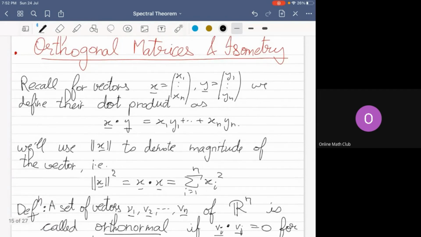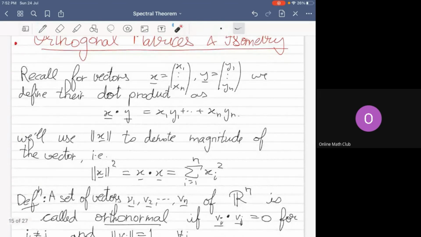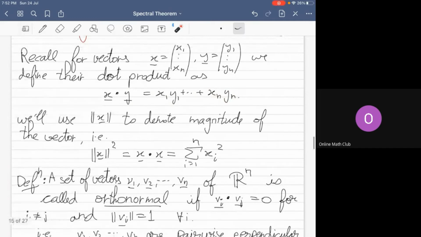So first, let's define some things. If we have two vectors x and y in Rn, then we define their dot product as x1 y1 plus x2 y2 plus dot dot dot plus xn yn, the product of the corresponding entries, and take the sum.